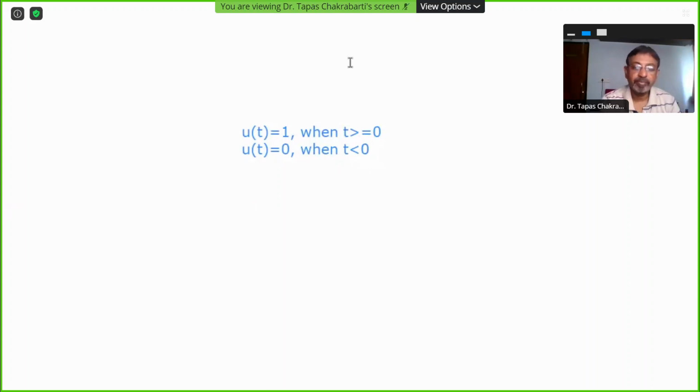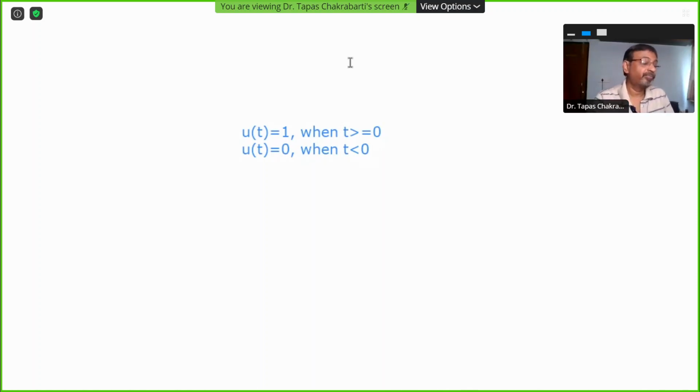Clear? After application. Okay. So this is the unit step function.